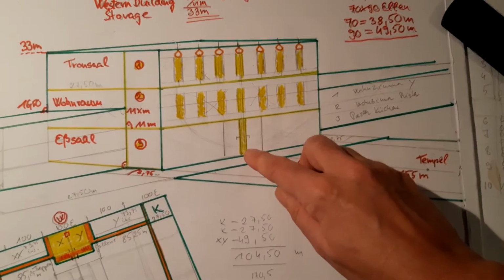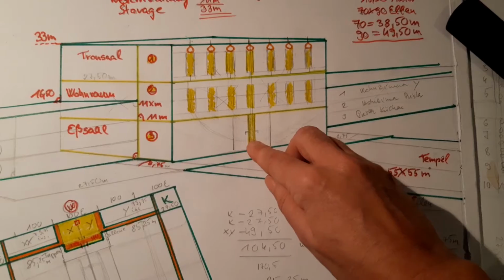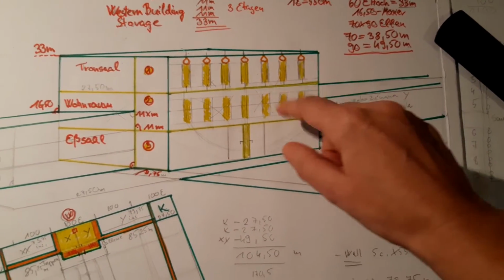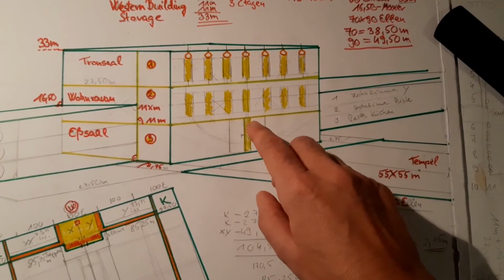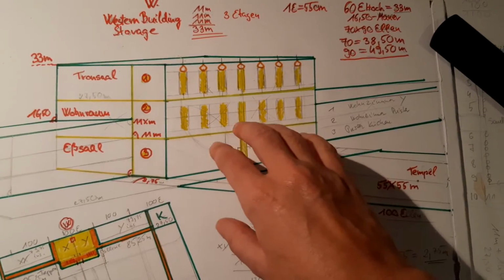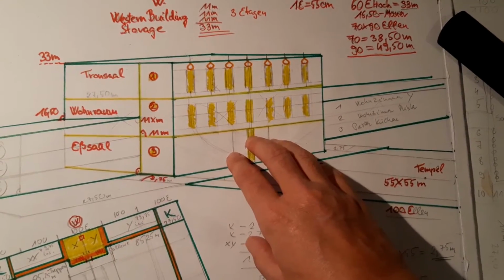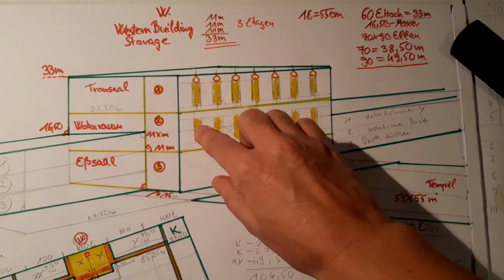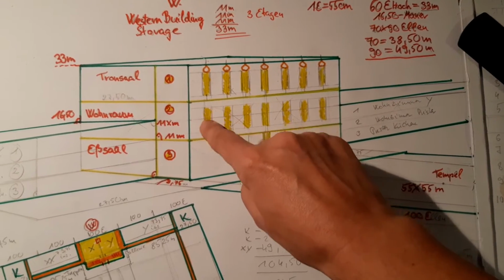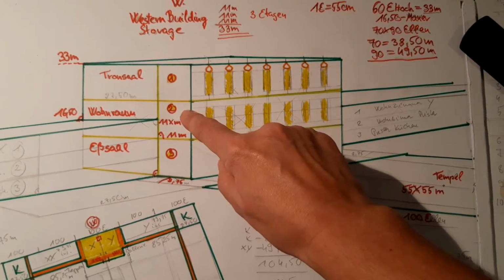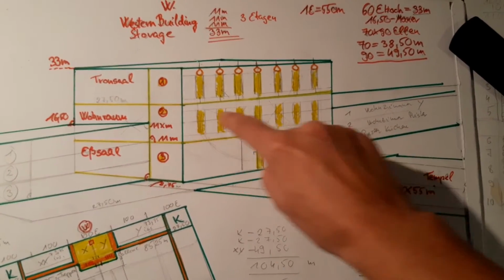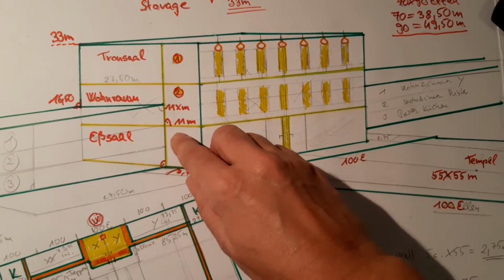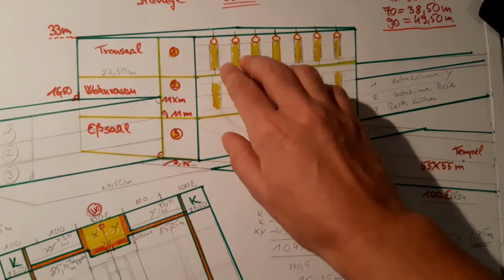And here you can enter. This is the gate. And these 7 pillars symbolize the golden menorah. It's built not in a vault, it's built straight, and here you can walk. This is like a gallery.